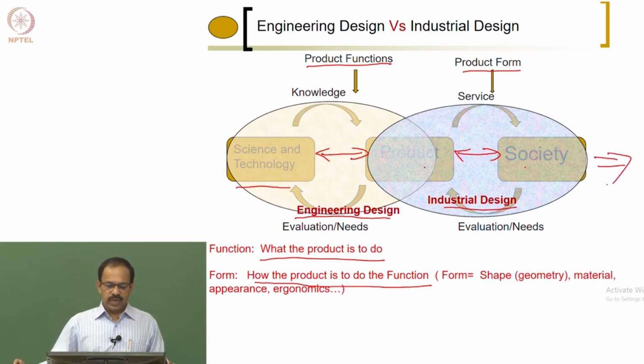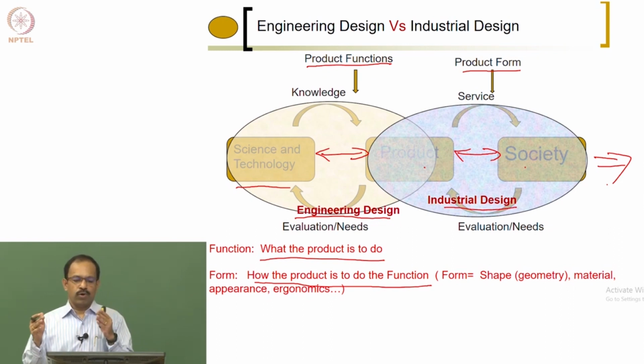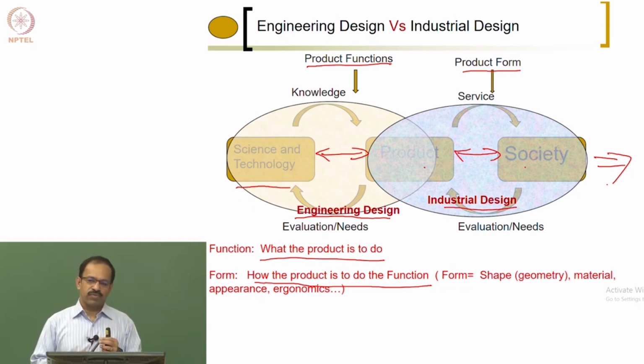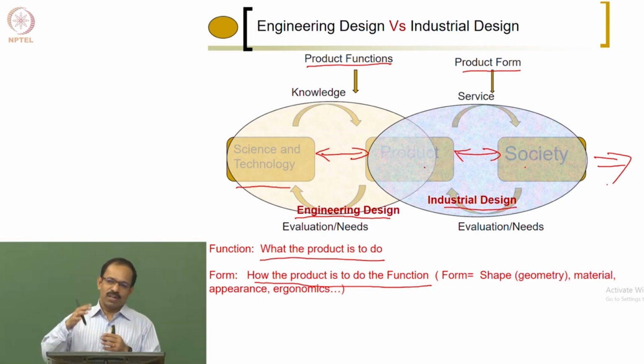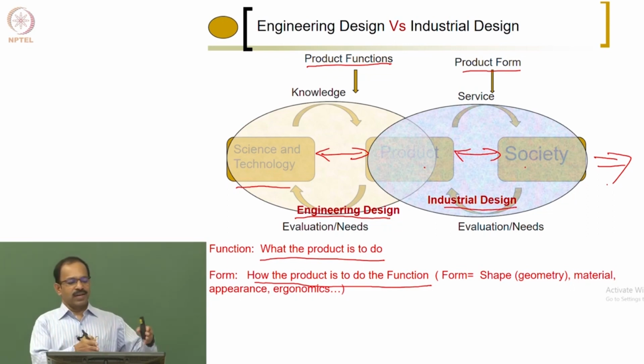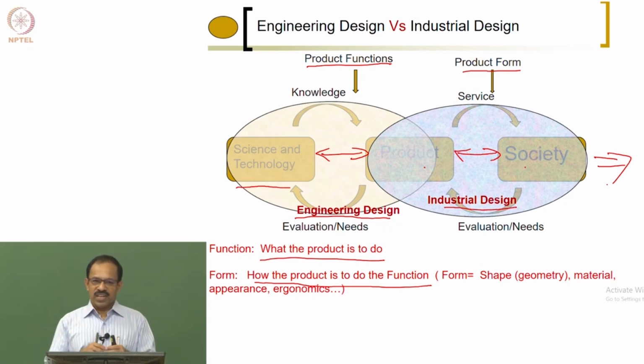So this is how we can differentiate the roles of engineering designers and industrial designers. Industrial designers are more of the soft side of the design, and engineering designers are on the hard side of the design, where they look at the engineering aspect of the product and make sure that it will meet all the requirements.